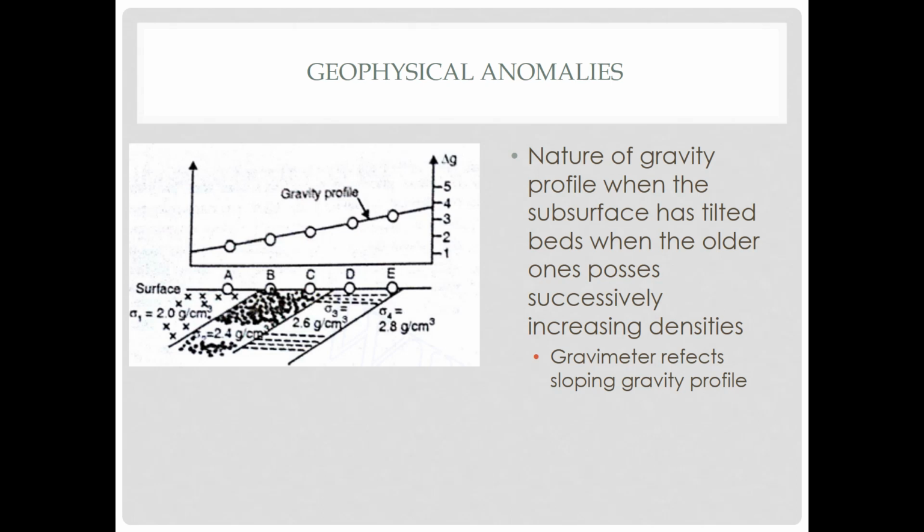According to the increasing or decreasing densities of the beds along the dip direction, gravimeter readings gradually vary and cause the appearance of a sloping gravity profile. So those are geophysical anomalies that we can refer to.